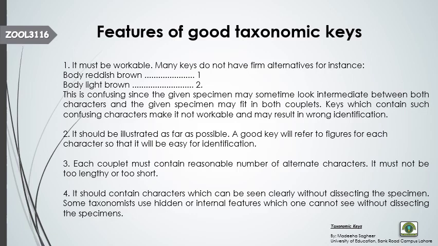So when we have a specimen and want to identify it with a particular key, if the key is given with internal structures, then one has to dissect the specimen to ultimately reach the identification. So keys should have statements of characters that can be easily identified without dissecting the specimen.